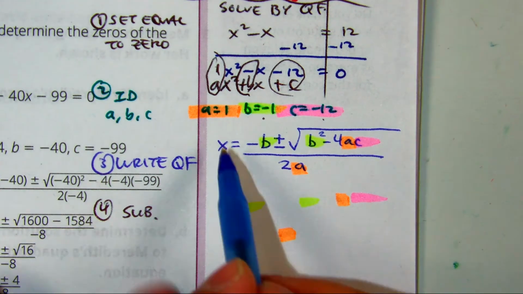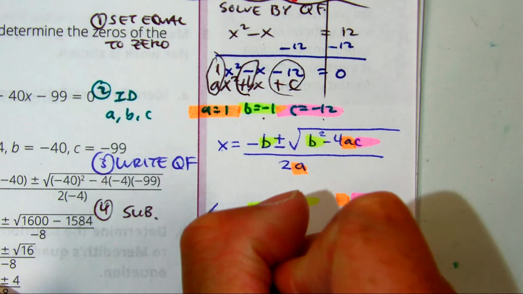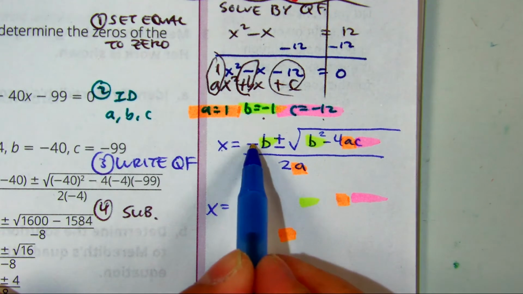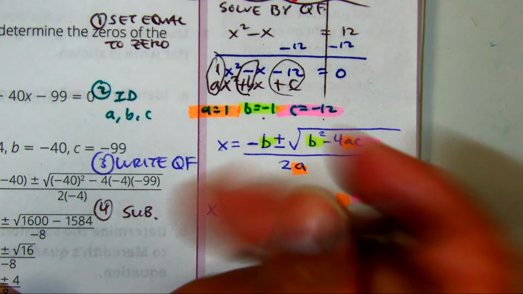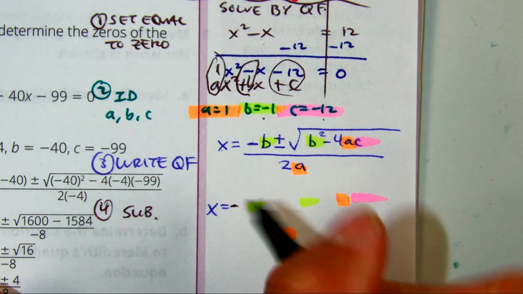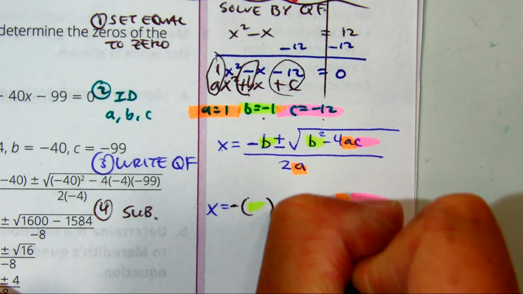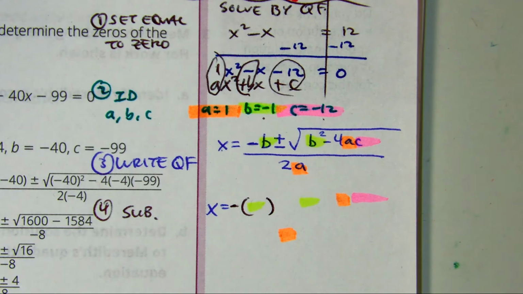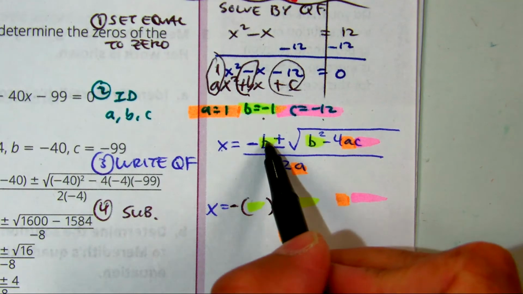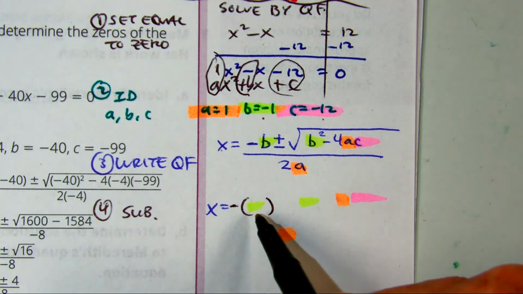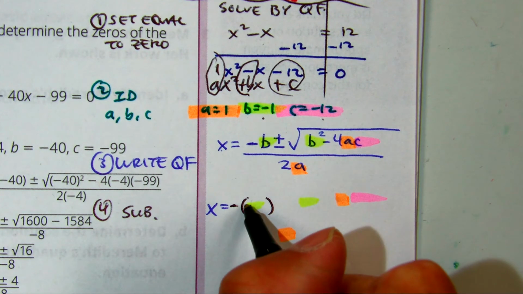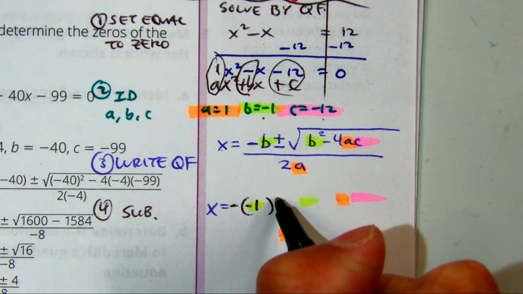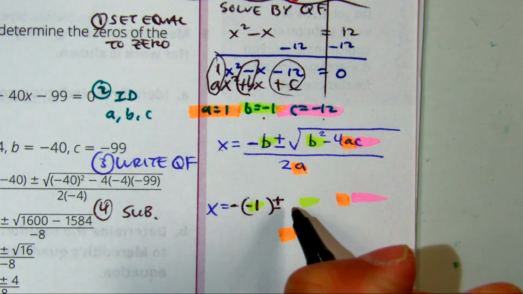So I'm going to write x equals, look, the formula has this minus sign. You see it? Therefore, you must have this minus sign on the outside. Everyone say parentheses. You need to use parentheses when you're replacing a letter with a number. Very important. So what do I put in there, class? Negative 1. Plus or minus square root.